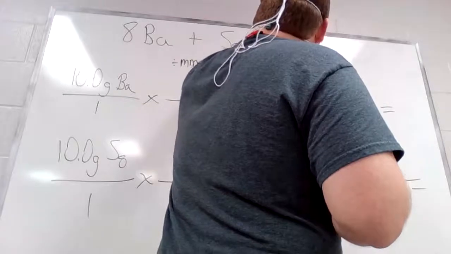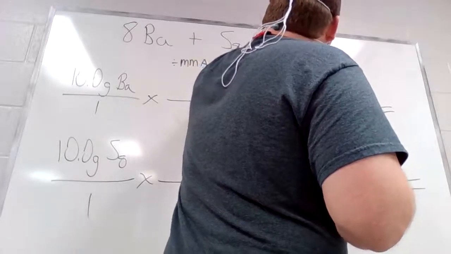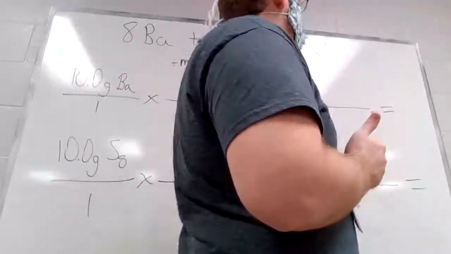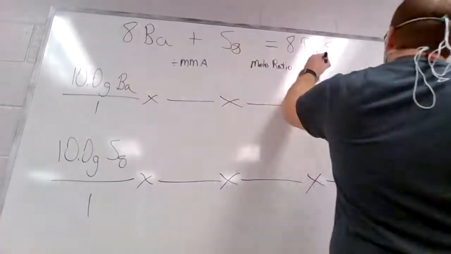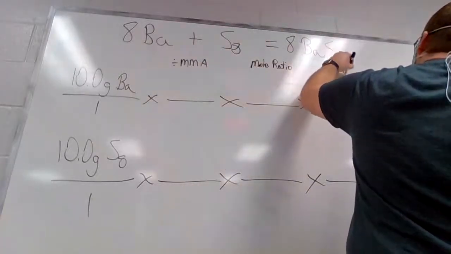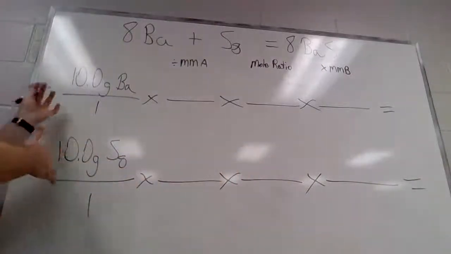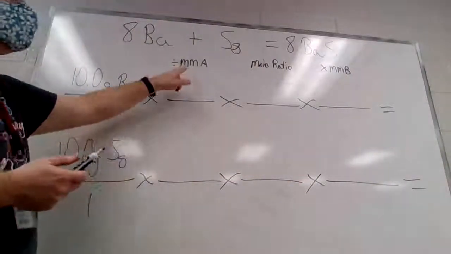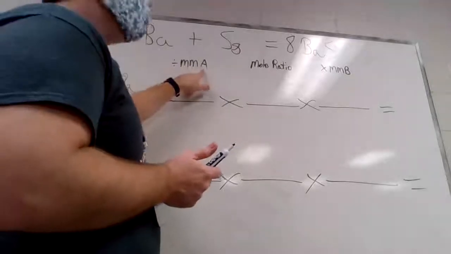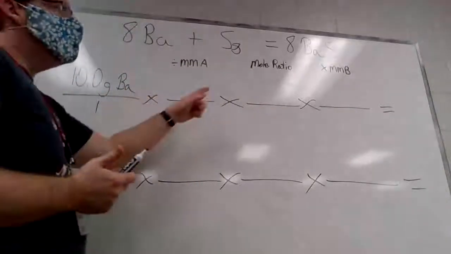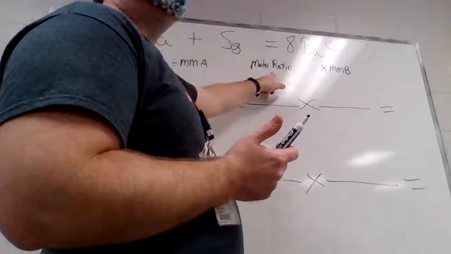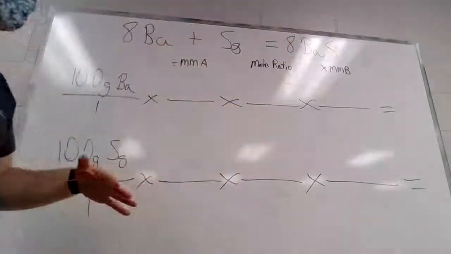The mole ratio, which is B over A. And then what's the last thing I have to do? Multiply by the molar mass of B. So you can see if I'm doing the same thing for both of these, they're going to be very similar. The only thing that's going to be different is my molar mass for chemical A, because they're different chemicals, and then my mole ratio. But I know what I need to do. Let's go ahead and set this up.